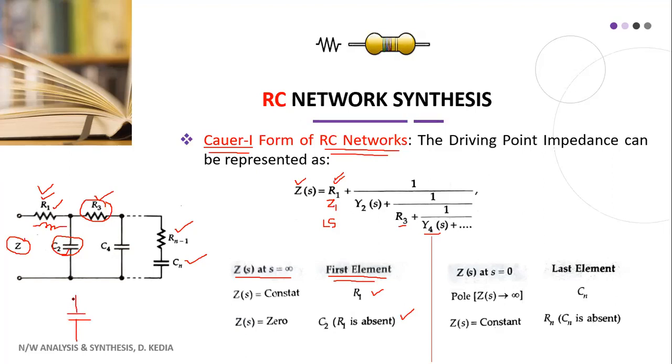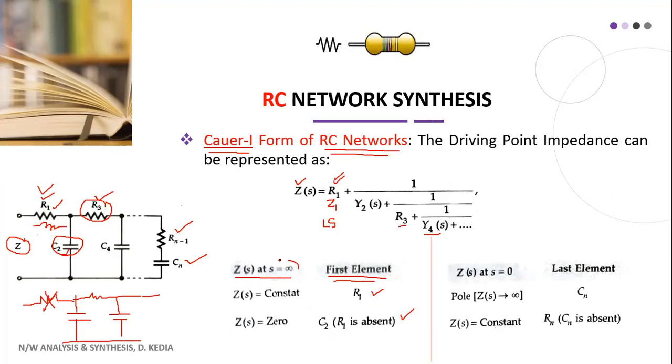It will start with C2, then you will have a resistance, then a capacitor, and so on, and this resistance part has been removed. So how will we know whether we have to remove R1 or not?